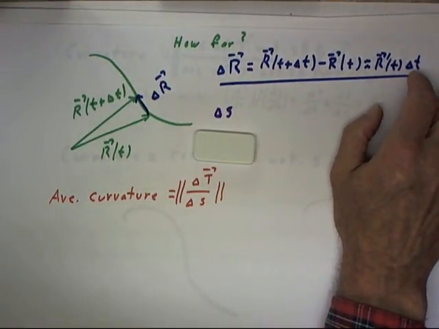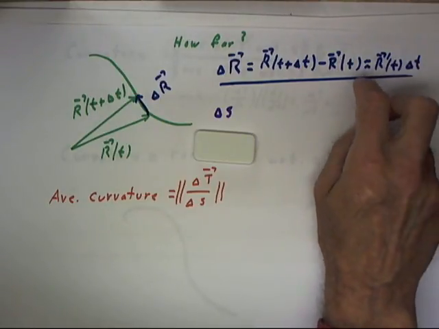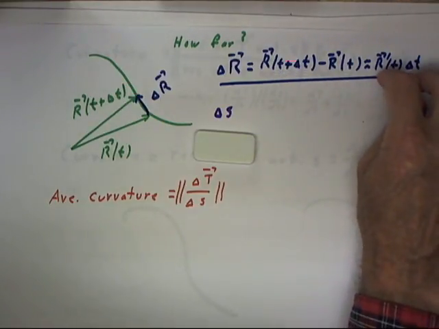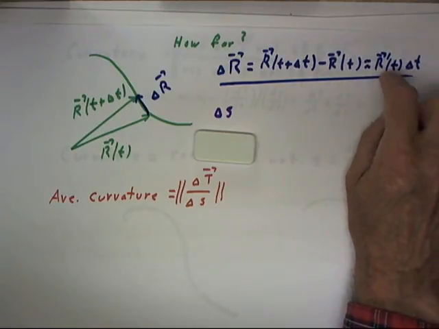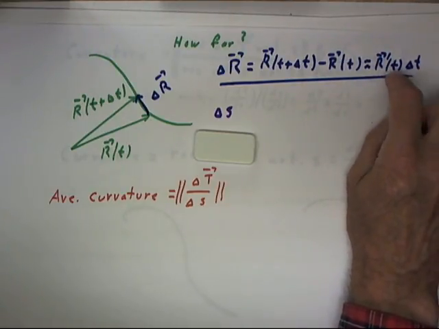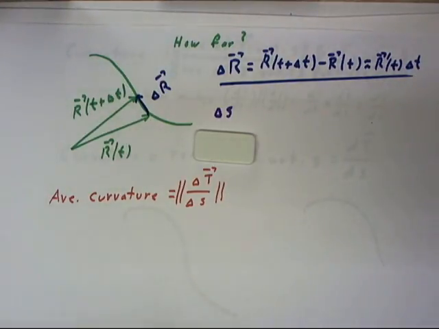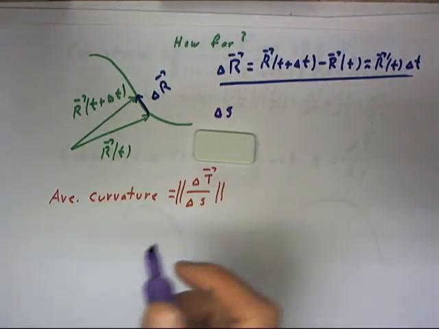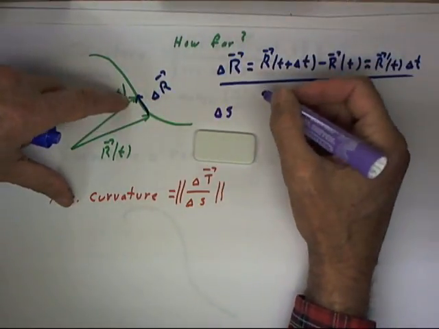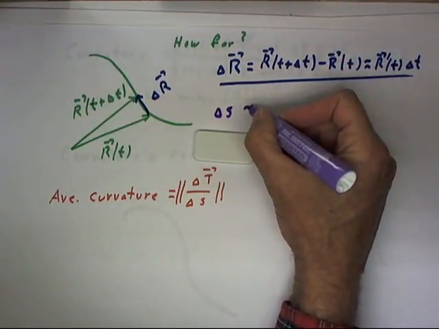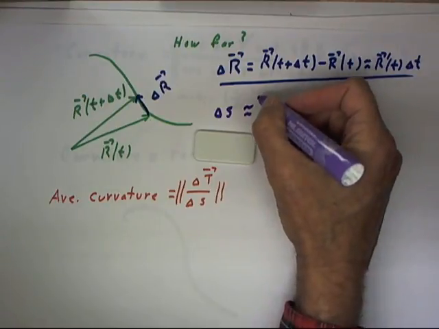But in the limit as delta t approaches 0, the difference between this expression and this expression also approaches 0, so that in the limit this does tell us the rate at which we're changing position, so that we can say that delta s, the distance that we move between this point and this point, is approximately equal to what?